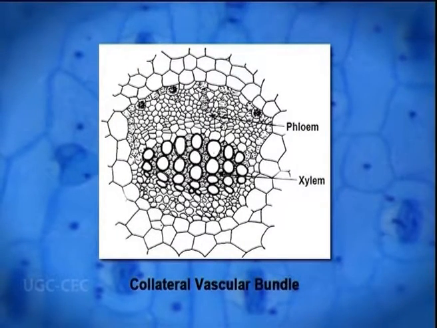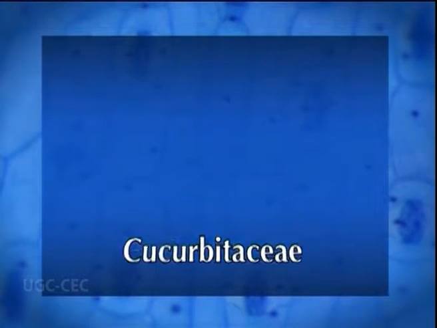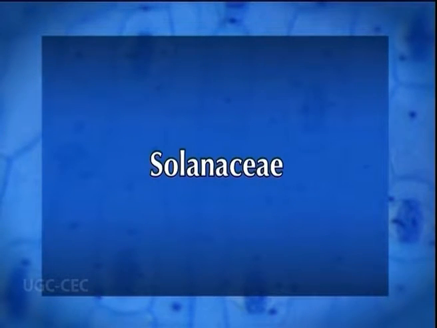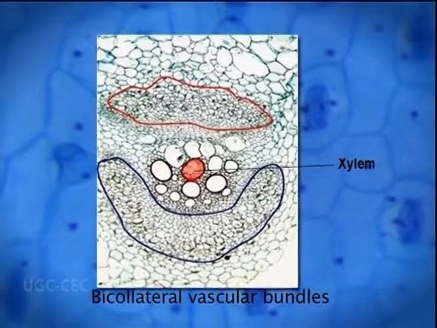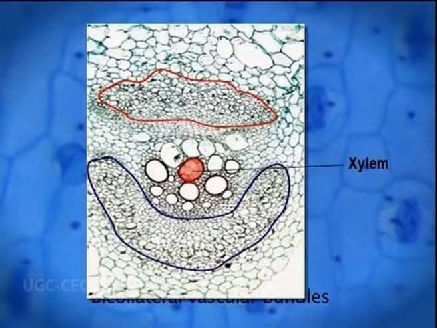bundle. In some families such as Cucurbitaceae and Solanaceae, xylem is placed parallel with external phloem and internal phloem. A pattern is called bicollateral vascular bundles.